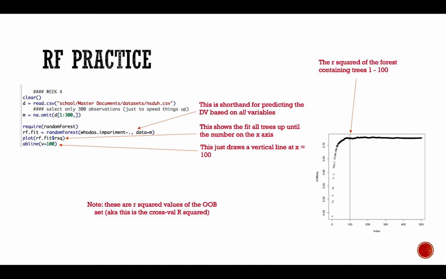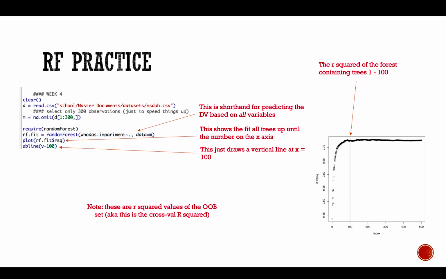And so here's just some R code for your enjoyment. This is the NSDUH dataset. This PowerPoint shows how you would read it in as a CSV, or it's part of the FIFER package, so you can just load it from the FIFER package by going data, open parentheses, NSDUH.